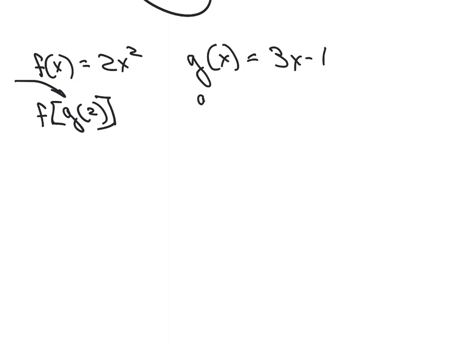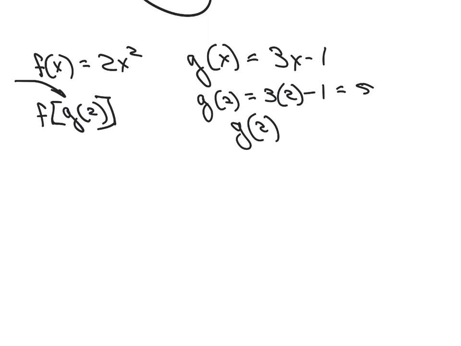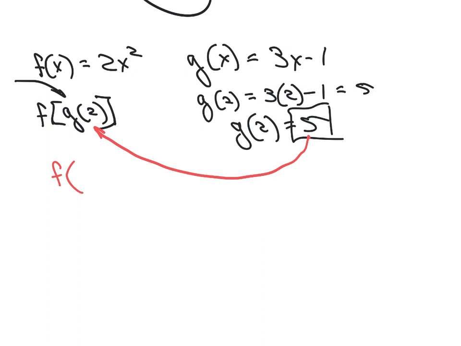So we're going to start over here, put 2 in for x, and that gives me 5. So g of 2 equals 5. So 5 now goes in here in place of the g of 2.